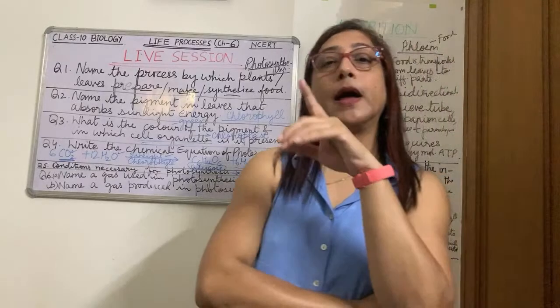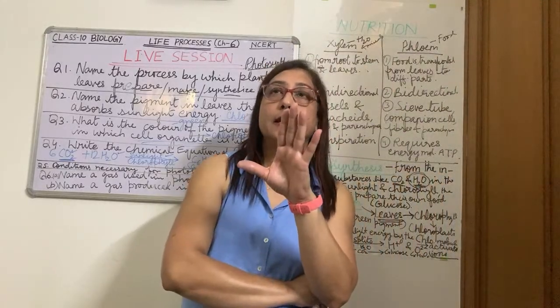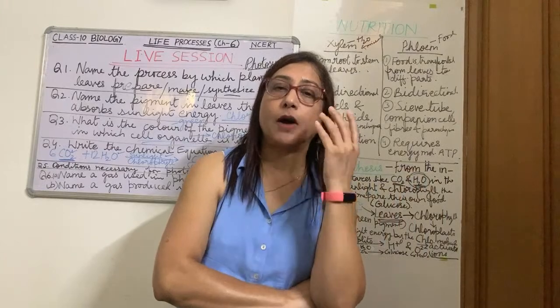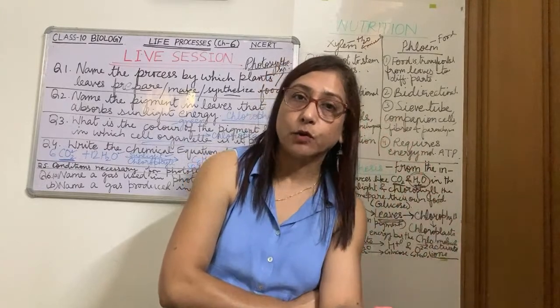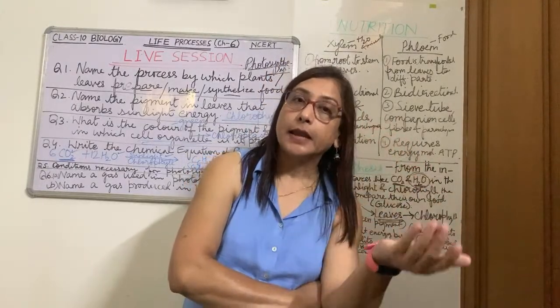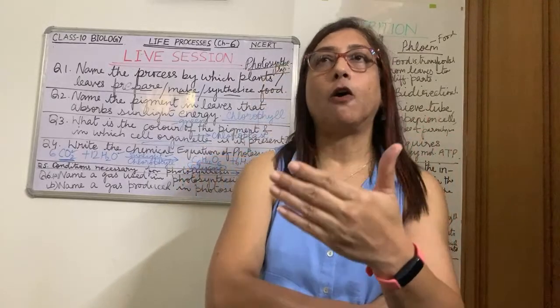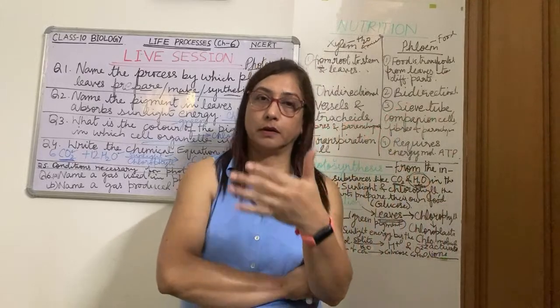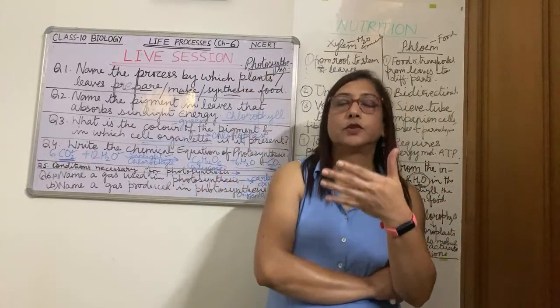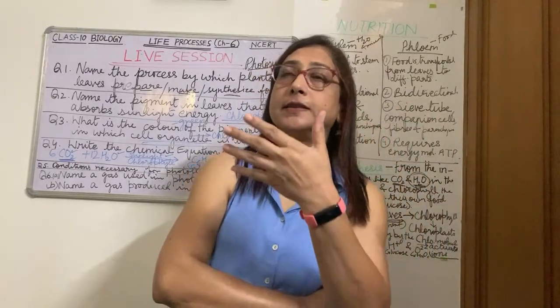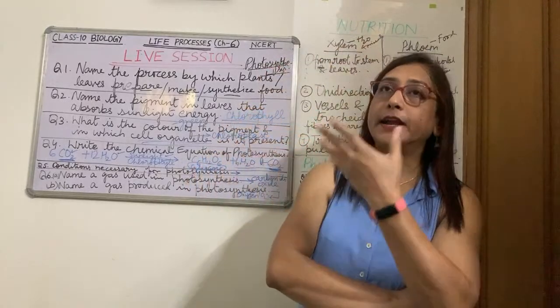The plants require protein. Protein is made up of amino acids, which contain the element nitrogen. So protein is basically made up of nitrogen compounds. So children, where does the plant get nitrogen from?